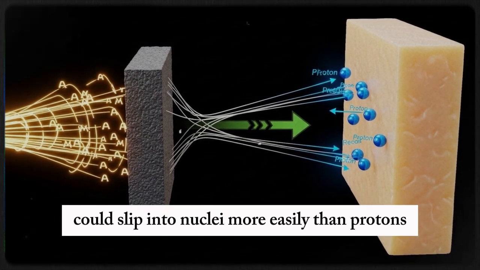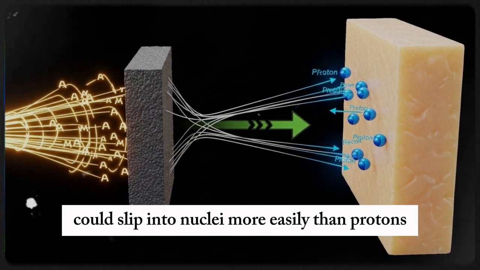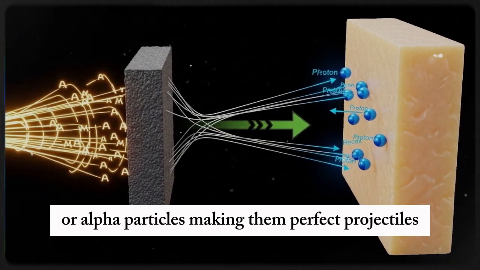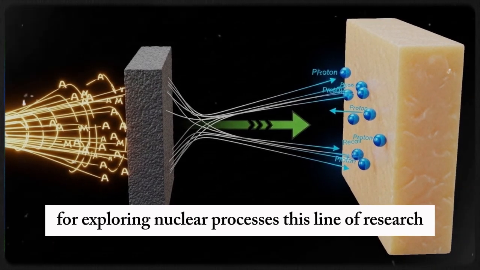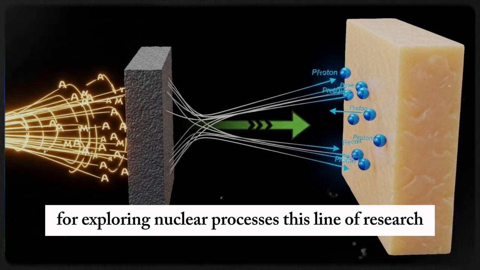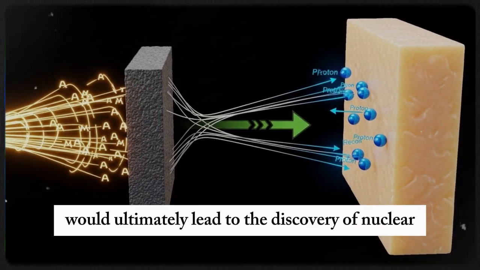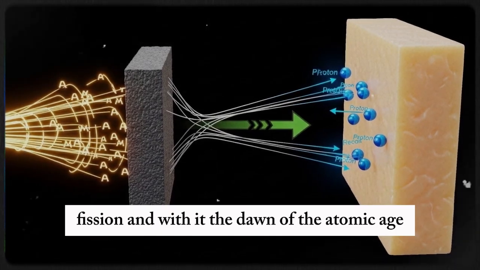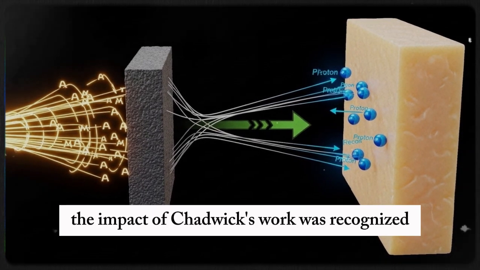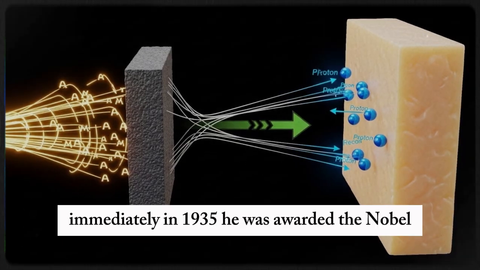Neutrons could slip into nuclei more easily than protons or alpha particles, making them perfect projectiles for exploring nuclear processes. This line of research would ultimately lead to the discovery of nuclear fission, and with it the dawn of the atomic age.